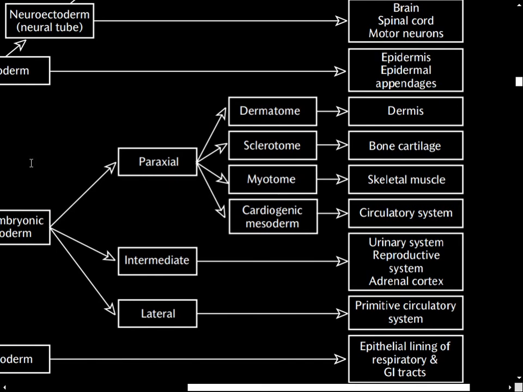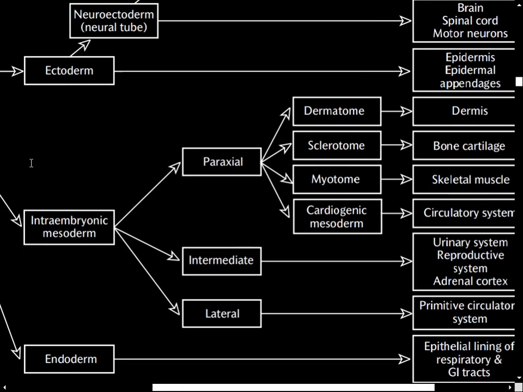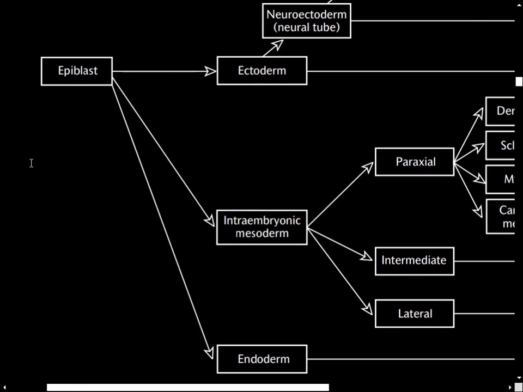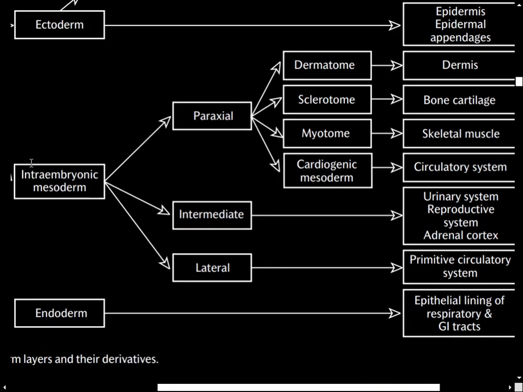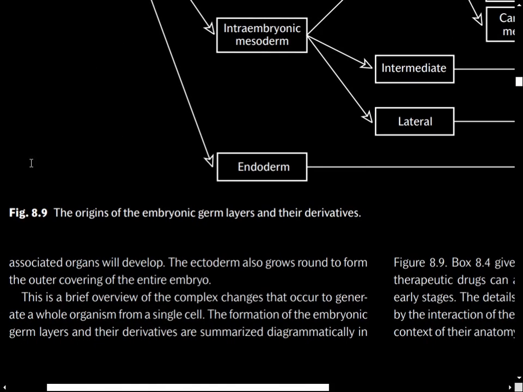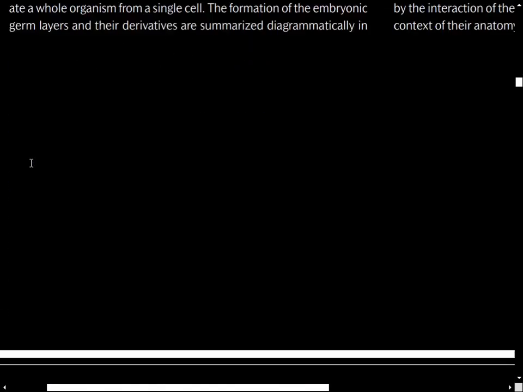Intermediate: urinary system, reproductive system. Lateral: primitive circulatory system. Endoderm: epithelial lining of respiratory and GI tract. The origins of embryonic germ layers and their derivatives.